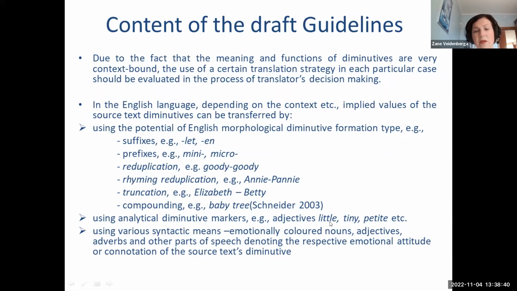For example, using adjectives little, tiny, petite, or emotionally colored nouns, adjectives, adverbs, other parts of speech.